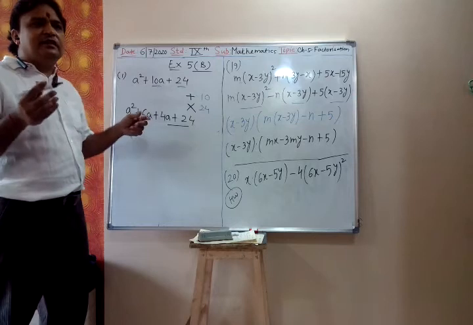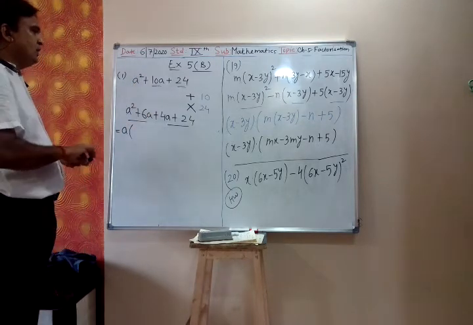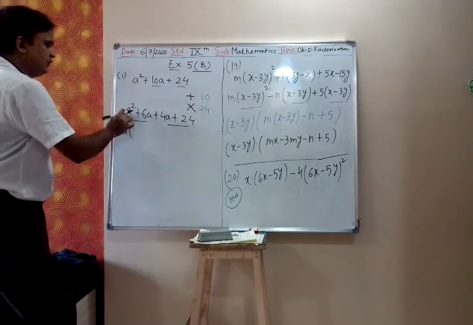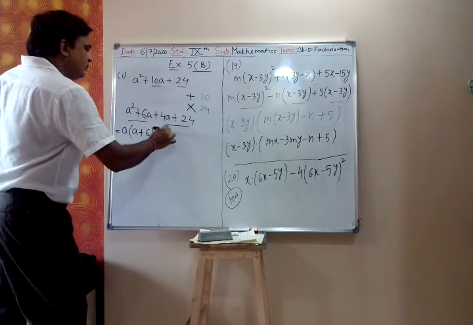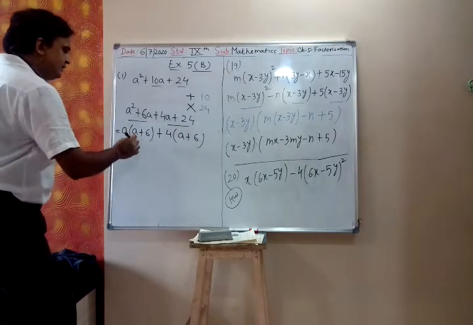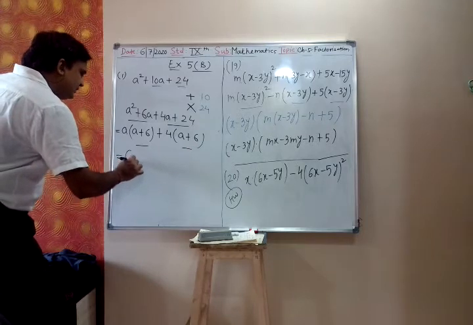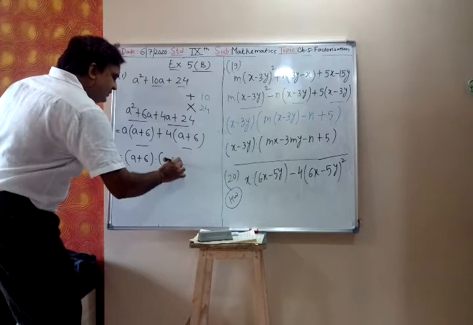When you add 6 and 4, you will get 10. When you multiply, you will get plus 24. So I will write 6a plus 4a. Now in the first two, a is common, then what is left? A plus 6. 4 is common. What is left? A plus 6. Now a plus 6 is again common. So that is a plus 6 into a plus 4. And this is the answer.